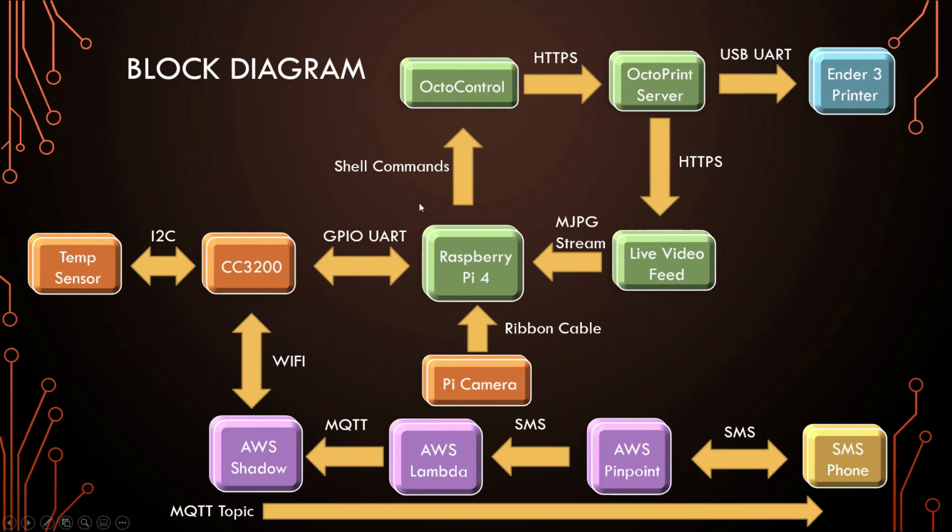Okay, and now let's say there's an auto abort due to excessive temperature. It will start at the temperature sensor, which will communicate with the CC3200 via I2C, and then that will be sent both to the AWS Shadow and GPIO UART, so that shutdown command, the abort command, will be sent to the Raspberry Pi, again to OctoControl, to the server, and then to the 3D printer.